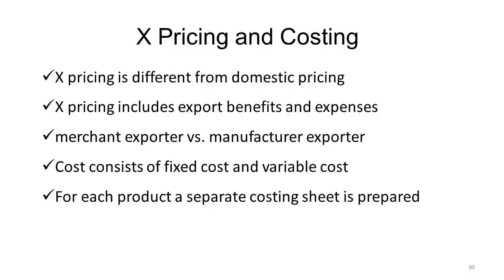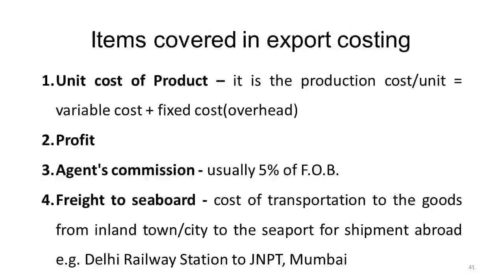So every time you're doing a costing, you're doing a costing for a shirt, for a blouse, for a skirt, for a blue shirt, for a red shirt, for a pink shirt. Every time, for the product. So if you look at the items covered in export costing, first is the unit cost of a product. It is the production cost per unit, which is equal to variable cost plus fixed cost and overheads.